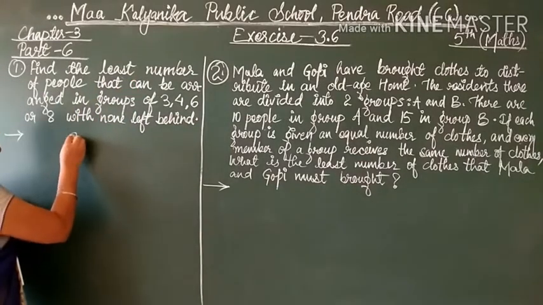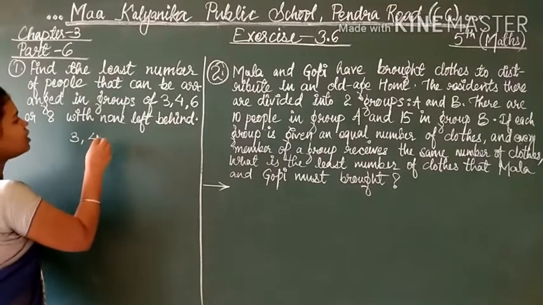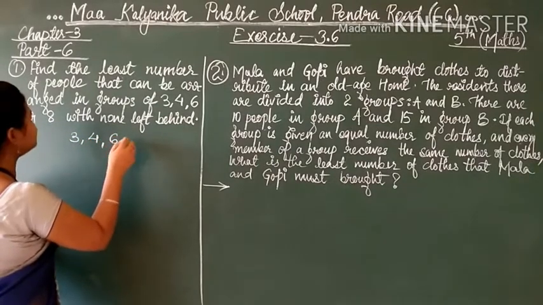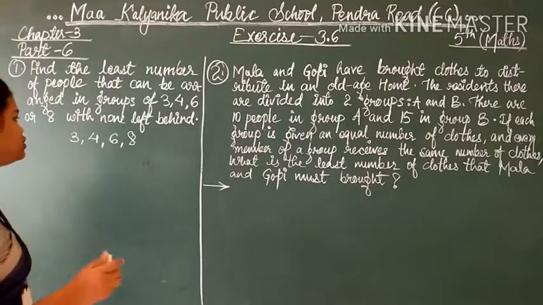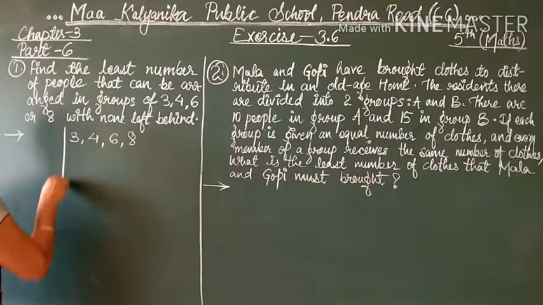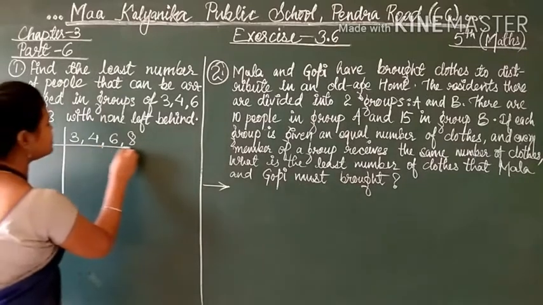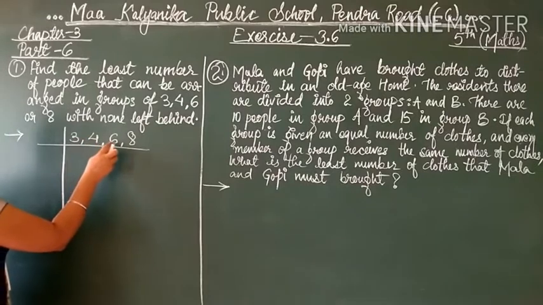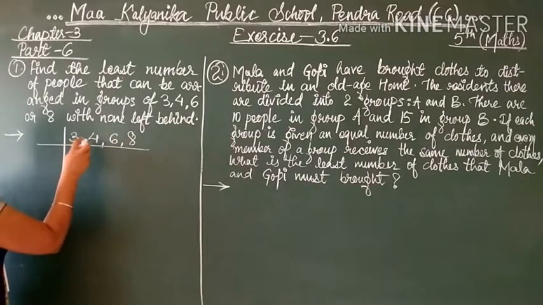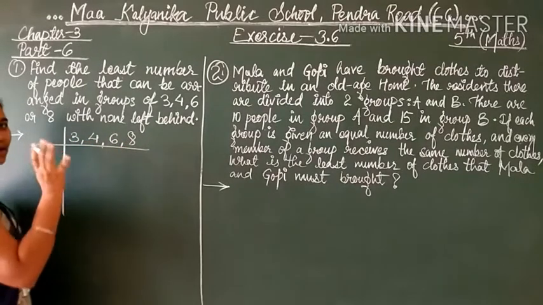So simply, students, 3, 4, 6 and 8 are given. We will use the short division method for finding the LCM. Now see 3, 4, 6 and 8. 2 can divide 4, 6 and 8, and 3 cannot be divided by 2.